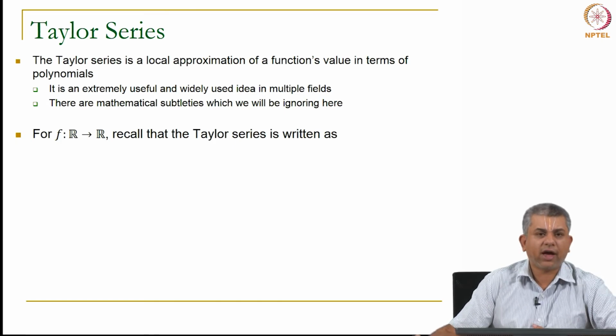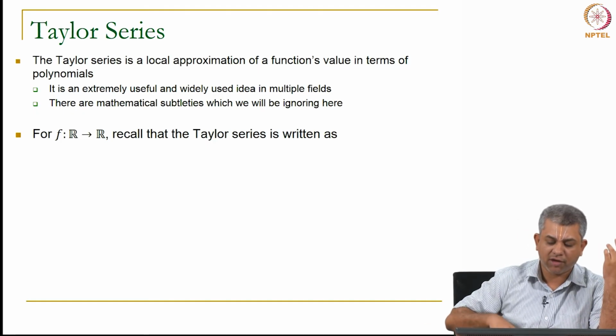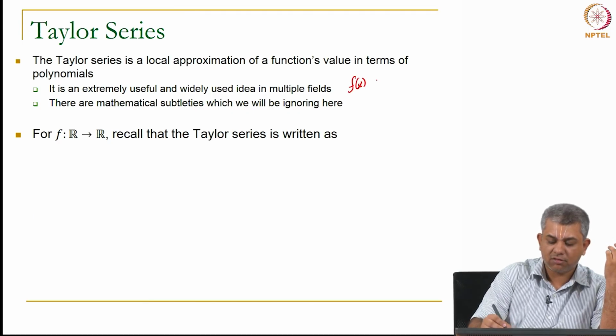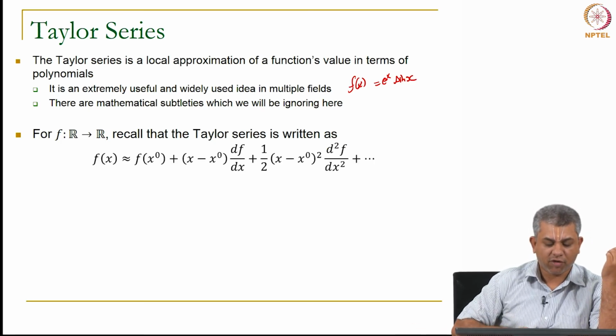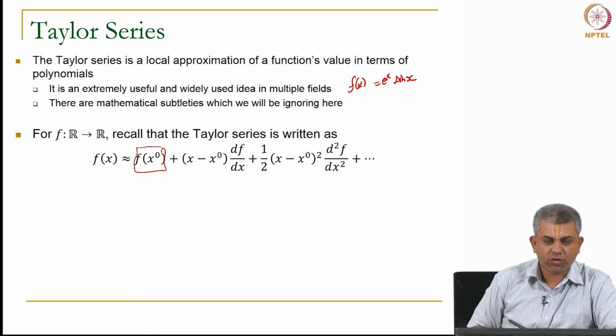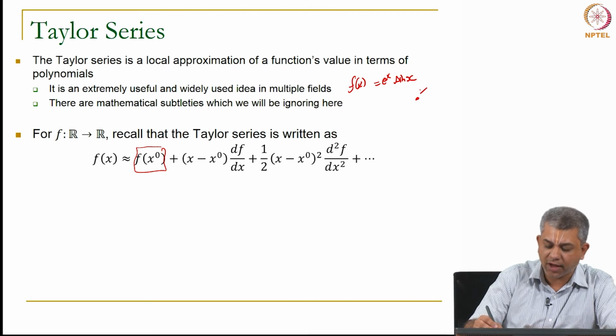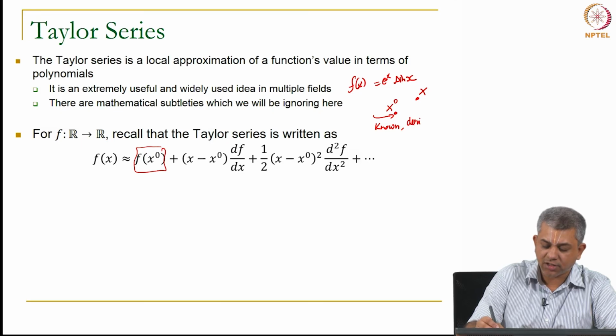So, remember that when you have a scalar function, a one dimensional function, the kind that we used in school, for example f of x equal to e to the power x sin x or something of that sort, you can write the Taylor series. You want to approximate the value at some value x, given that you know the value at x naught, you also know derivatives at x naught, etc. So, this is the basic idea of Taylor series.